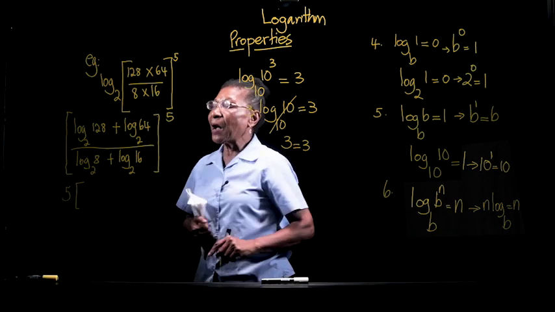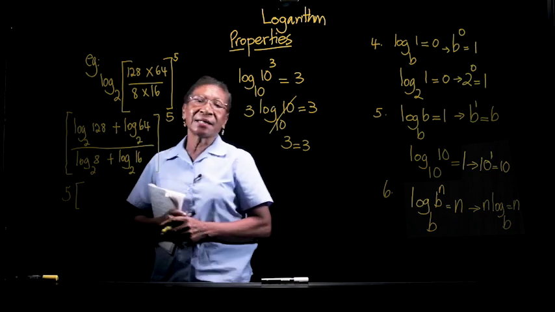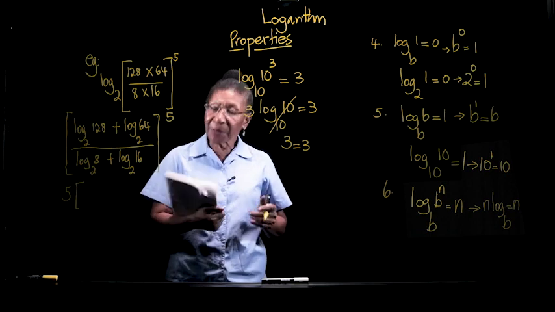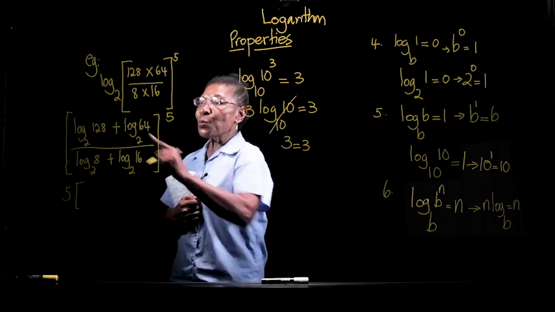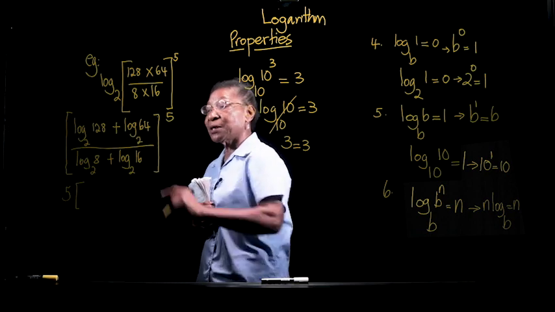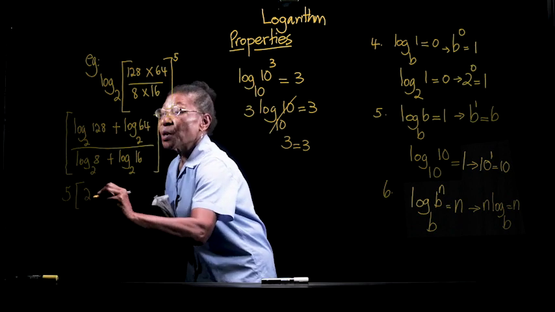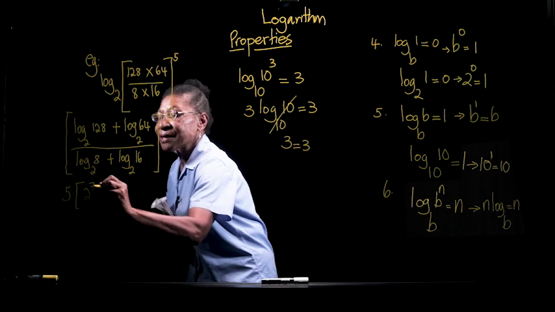Inside, let's simplify. 128 base 2. How many times can we multiply 2 by itself to give us a product of 128? Yes, it is 2 raised to the power of 7.